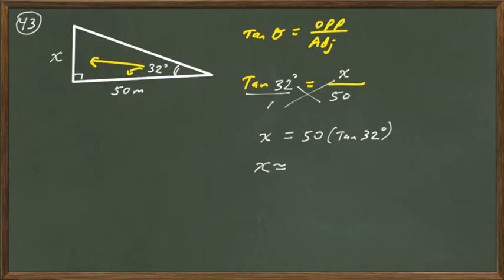I already verified I'm in degree mode. 32 gives me about 30. We notice it's an approximation now. 31.243. If you want to round this to the nearest whole number, I'm going to say x is about 31, and the units of measure is meters. So about 31 meters.